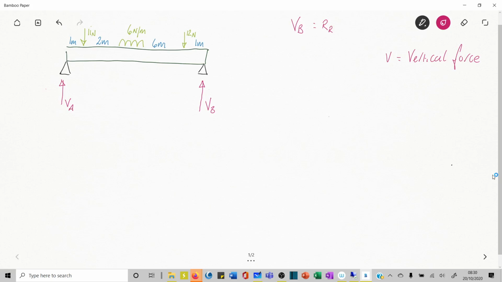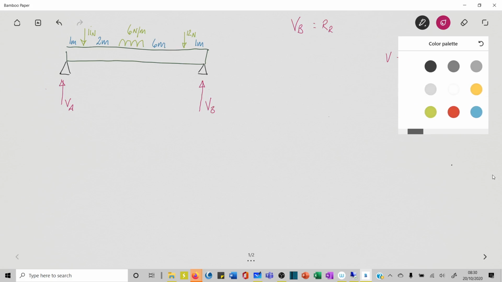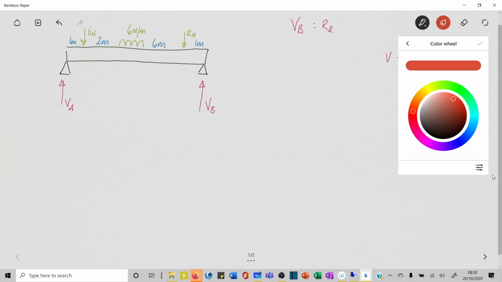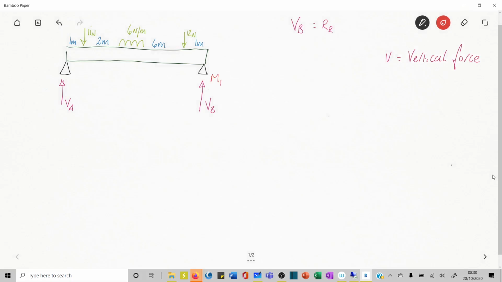Also, we've got the moment. Let's choose a different color for moment. Let's go with this one. There we go. So we've got moment B, and then moment A. So the moment around A or the moment around B. When we're talking about the reactions, we talk about the turning force.